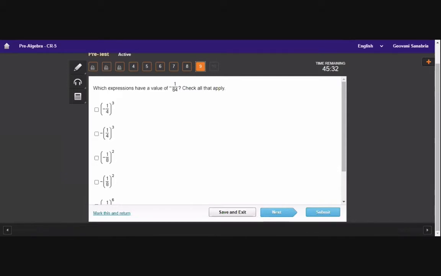Okay, so it's saying do all of those and see which ones come out to the same as -1 over 64. That negative's for both, right? Yeah, so the negative in the middle.